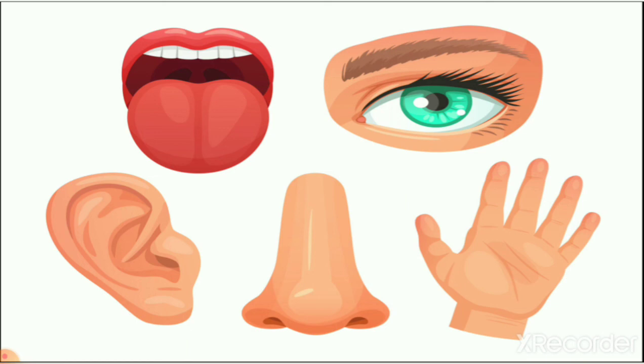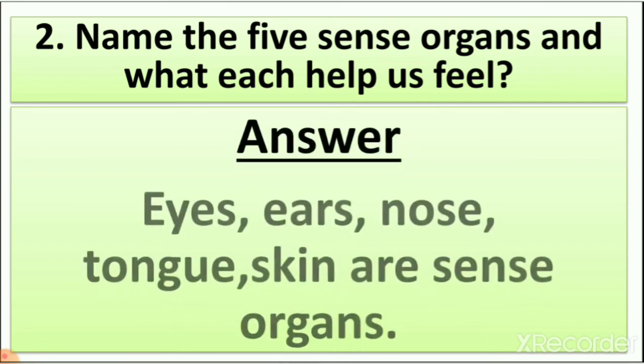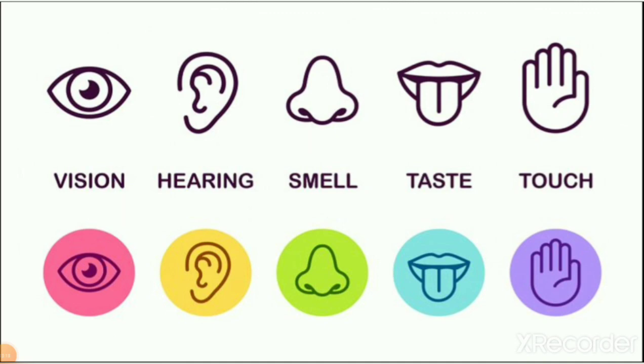We touch anything with our hand. That's why we put the picture of a hand here. So here you can see 5 sense organs, which are the eyes, ears, nose, tongue and skin. Now how are they helping us? Here you can see the picture of sense organs and the senses.